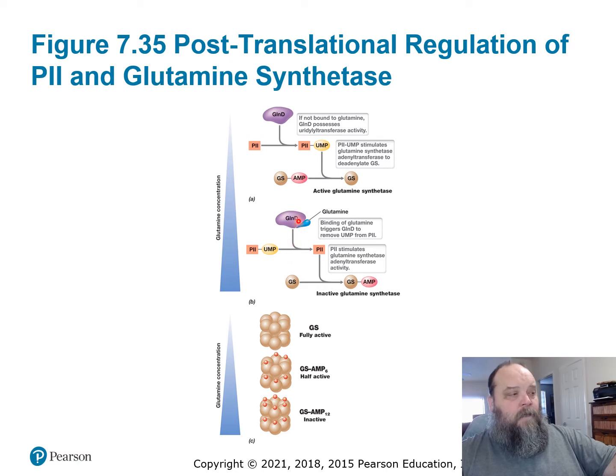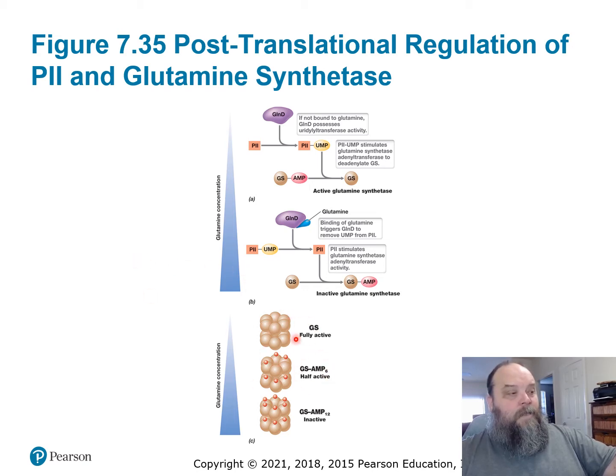GLND, when it's bound to glutamine, is now going to do the reverse of what you see here. It's going to take P2-UMP and turn it back into P2. P2 takes glutamine synthetase and adds AMP to it. So you're now seeing the reverse of the reactions due to low or high concentrations of glutamine.